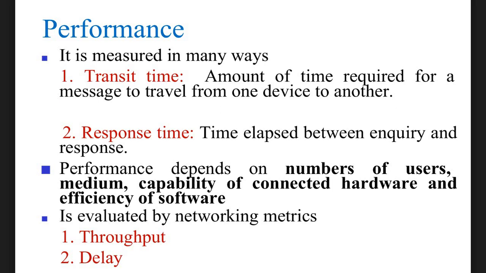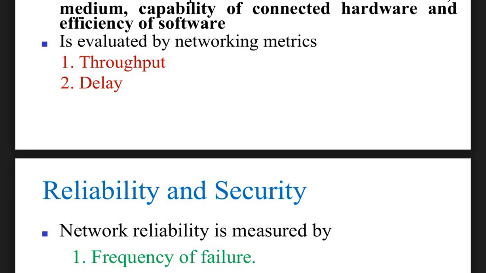The performance depends on the number of users, the medium, and the capability of connected hardware and software; all this matters. Generally, network metrics are evaluated through two things: one is throughput, one more is delay.